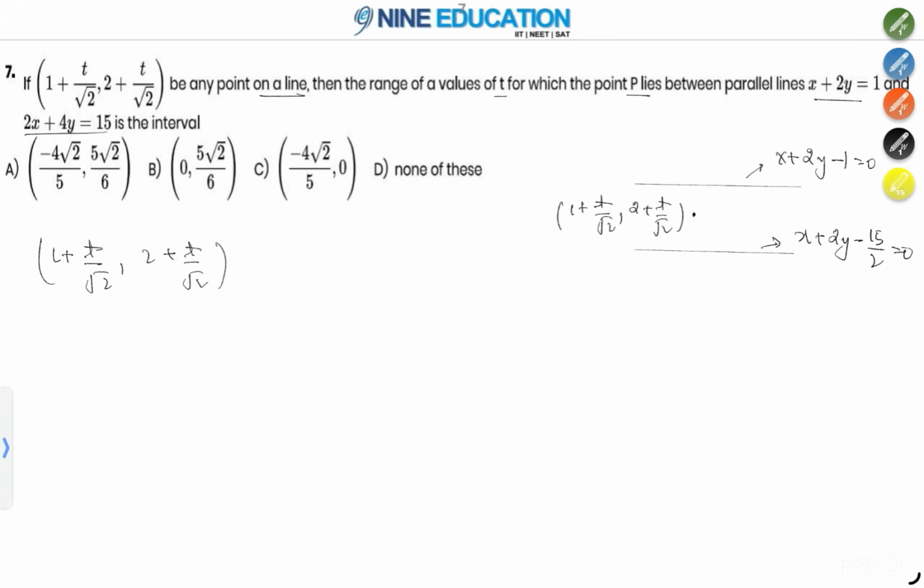If the point lies between the parallel lines, it means the product of the values works out as follows. Let us assume this is L1, this is L2, and this point is A. So L1(A) into L2(A) has to be less than 0. This condition we have to follow. So let us substitute.